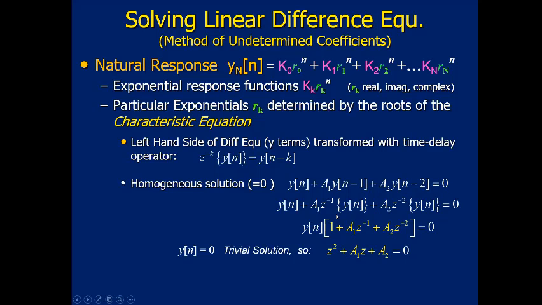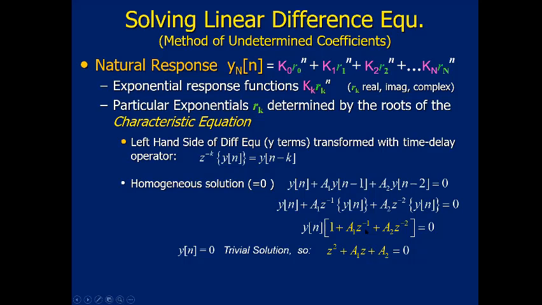And now we're going to do something that seems strange. We'll treat these operators as if they were sort of algebraic operations. And so I have y of n in all of these terms that can actually be factored out, leaving behind what we define as the characteristic equation of the system, the polynomial in z that comes from applying the z operator to this difference equation.